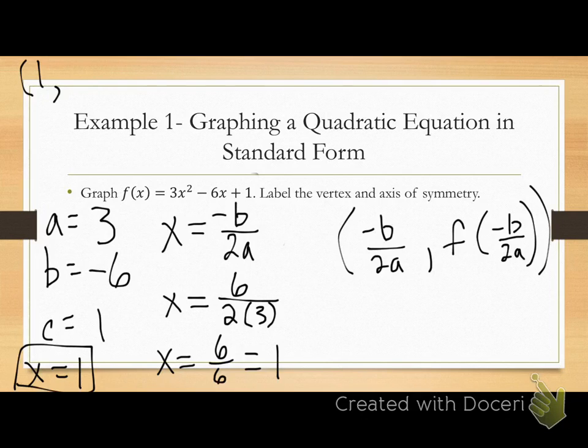Plug what back into where? Like the x into the original equation. Very good. So I got the opposite of b over 2a to be 1, correct? So now my y value is just f of 1. So I'm just plugging 1 into my function wherever I see x.